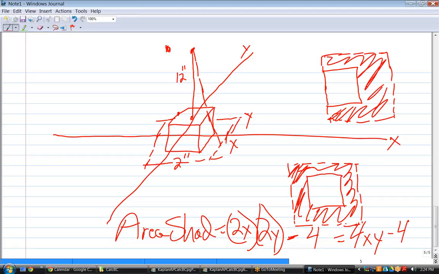Now the area of the shadow for the bottom sketch, yes. Shadows are always subtraction problems. So I'm taking the area of the outside curve minus the area of the cube.